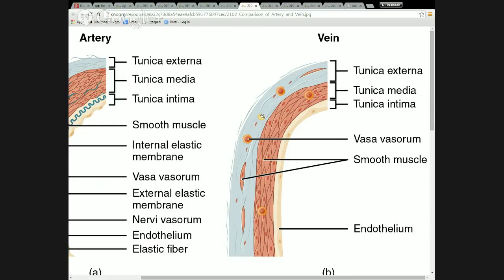It's not in this picture because it's sometimes not an obvious thing to put in here, but we're going to talk about the third type of vessel, the capillary. It's different from arteries and veins because it does not have three layers to it.